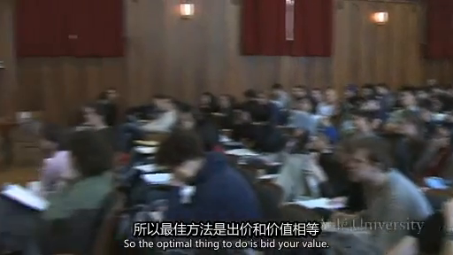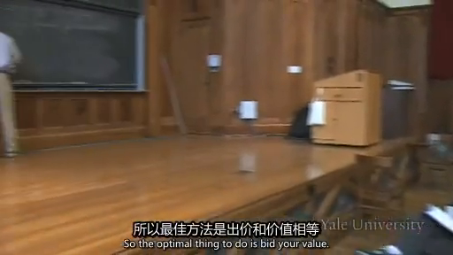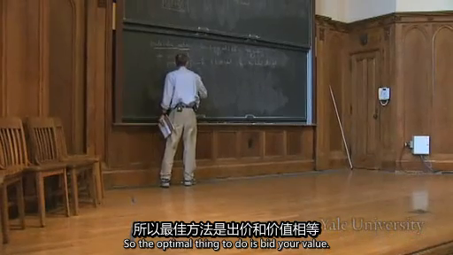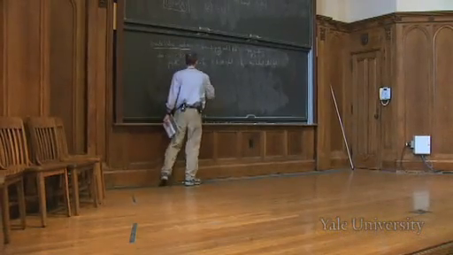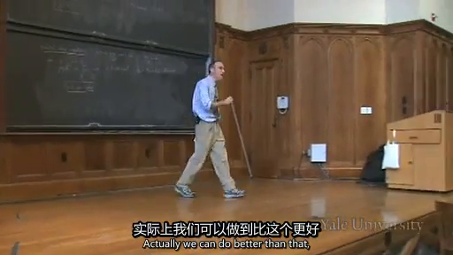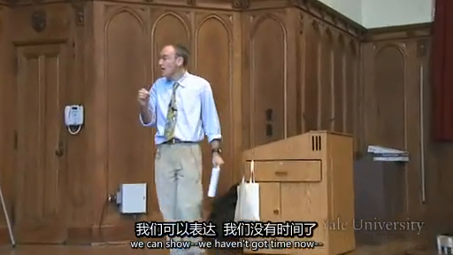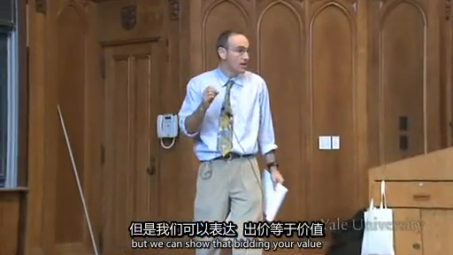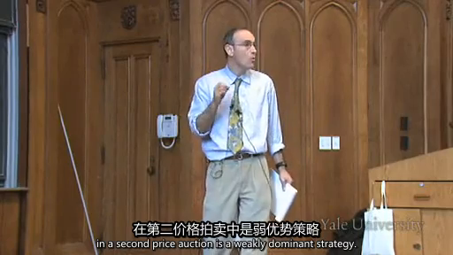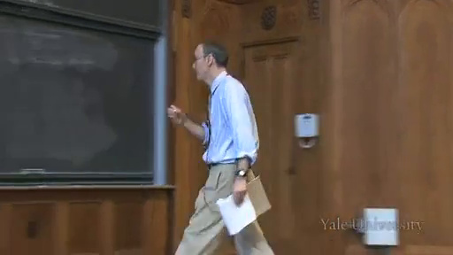So the optimal thing to do is bid your value. Bid your value. Actually, we can do better than that. We haven't got time now, but we can show that bidding your value in a second price auction is a weakly dominant strategy.